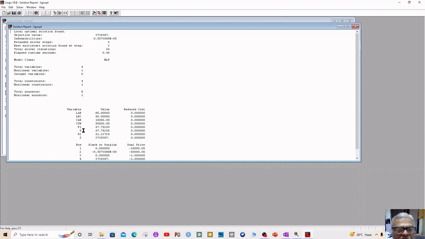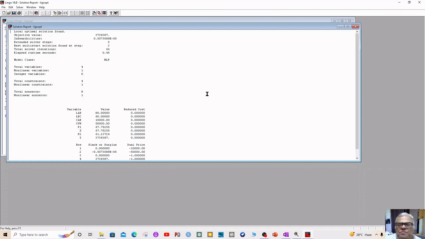Here also it says the same, that distance x1 will be 67.75. Under the water it will be 61.24 approximately, and the cost will be 37.39387 lakhs, which is minimum, and it matches with the cost given by the solver.